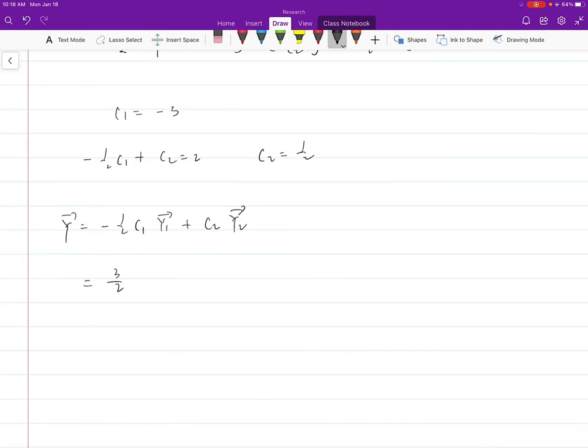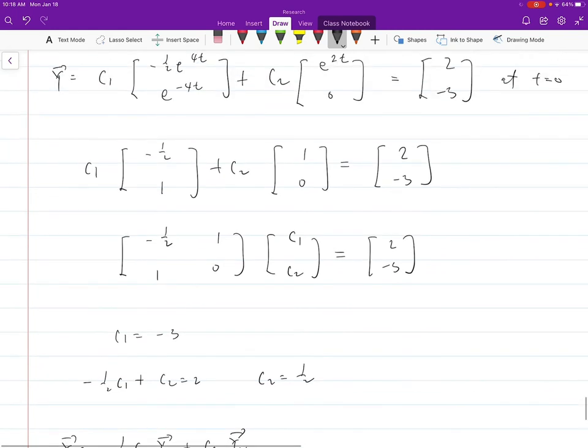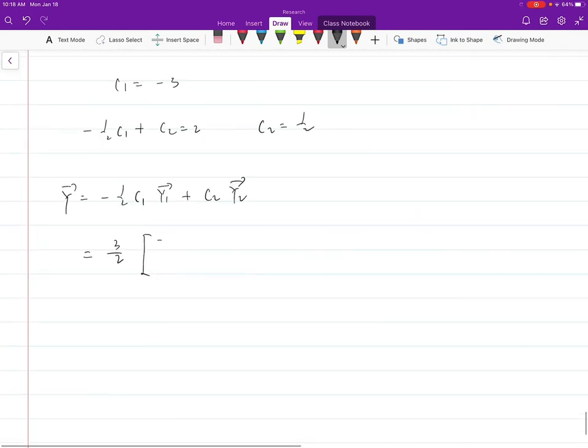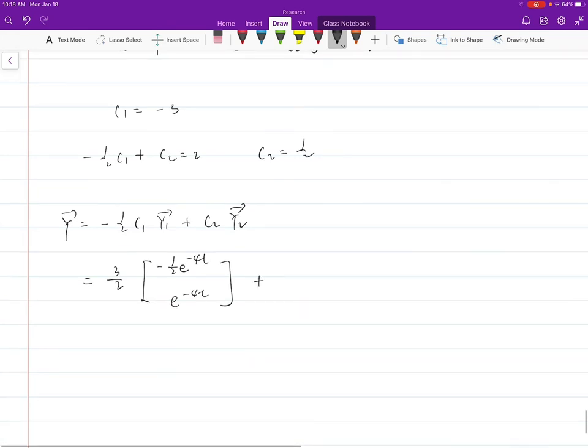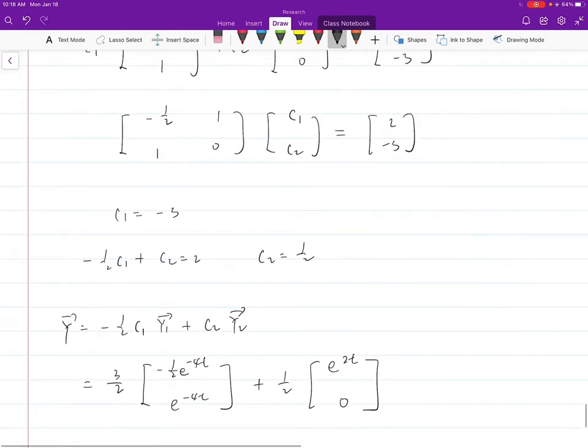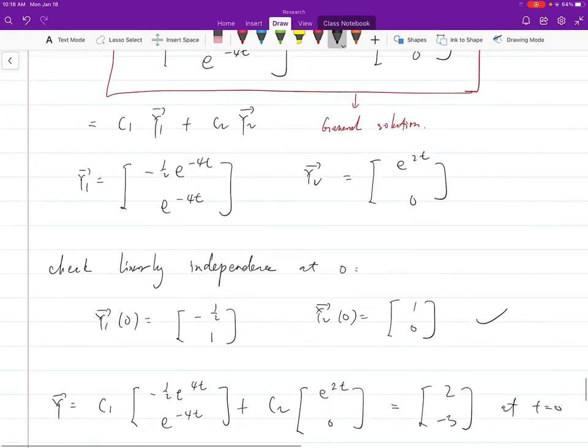Now we can plug in: this is negative 3 times the first vector, plus 1/2 e to the 2t (1, 0).